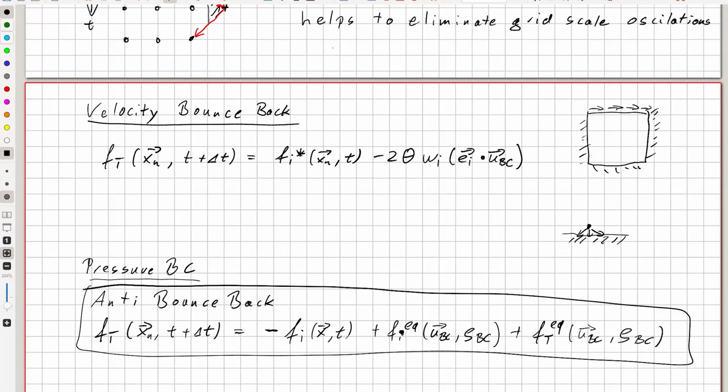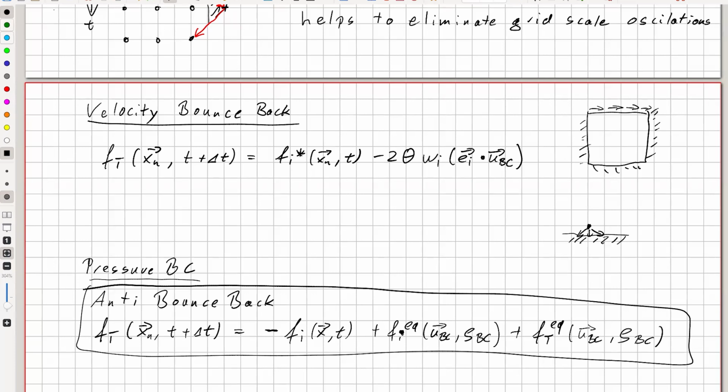Okay, so I know it drops a little bit from the heaven, yeah, but the difference of what the thing does is this: the bounce back boundary condition, if you think about it, sets a first order moment, right?